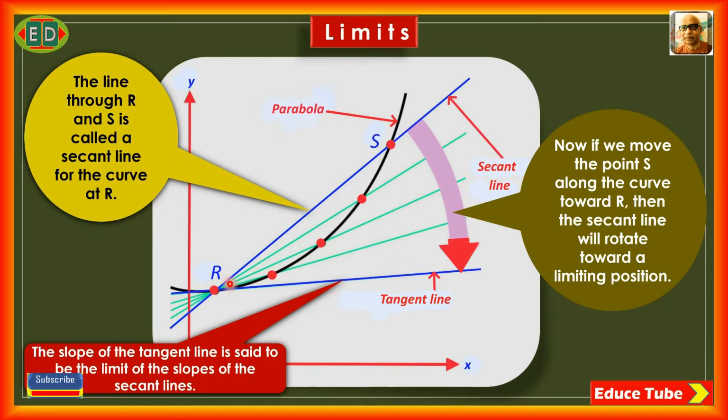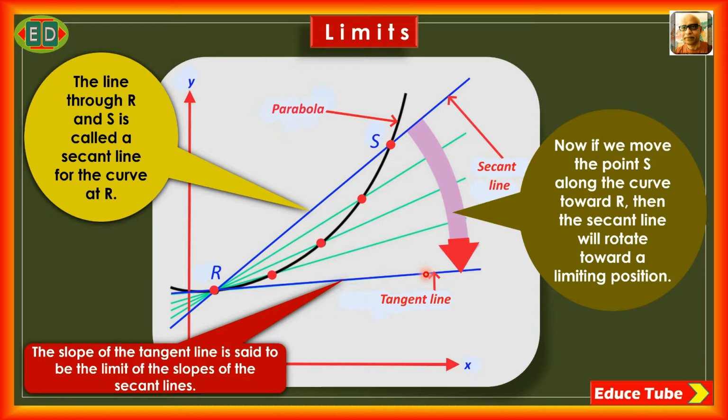As S approaches R along the parabola, the corresponding secant line rotates about R and approaches the tangent line.